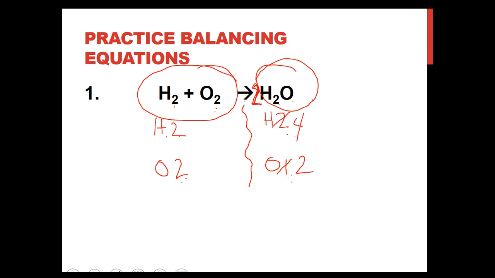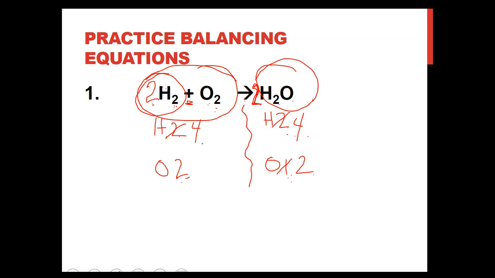So I need to go back on the left and fix that. In order to do that, I can add a coefficient of 2 here and say 2 times 2 gives me that 4. Now this 2 only goes with the molecule in front of it. This plus separates different molecules, so it doesn't also go with this oxygen. So I've got 4 and 4 and 2 and 2, and it is balanced.